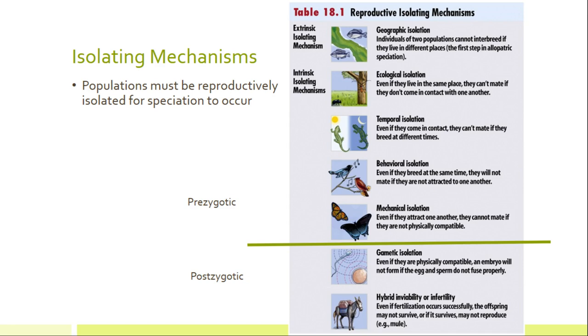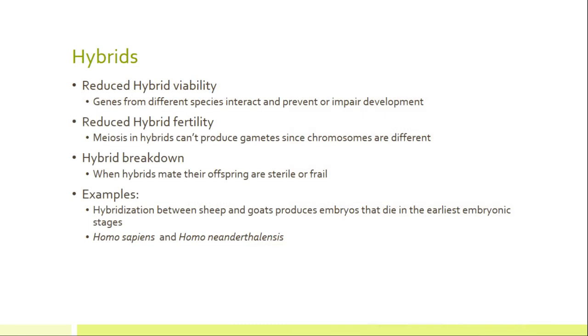It's called hybrid inviability or infertility. And then you get hybrids, but they either are unhealthy, they can't produce eggs on their own, or when they mate, their offspring are frail, sterile, whatever. And then you just don't get anything. So the mule's a really good example of that.